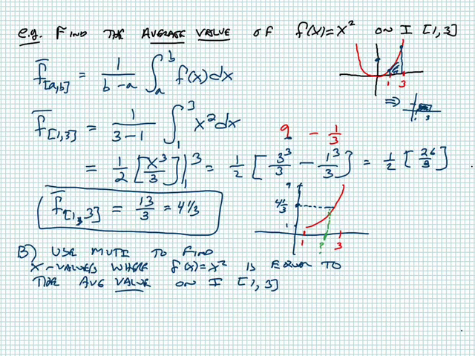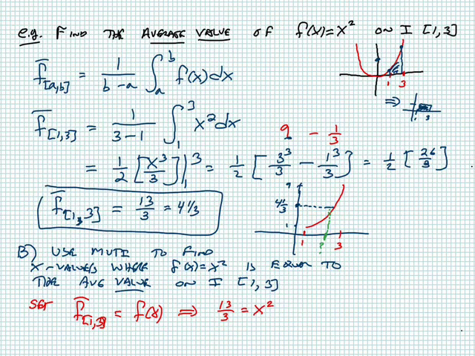And to do this, all I'm going to do is set my average value from 1 to 3 equal to f of x, and I'm going to solve for x. So if I do that, then my average value is 13 over 3, and my function is x squared.